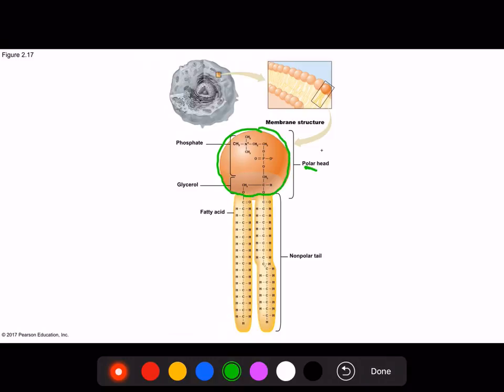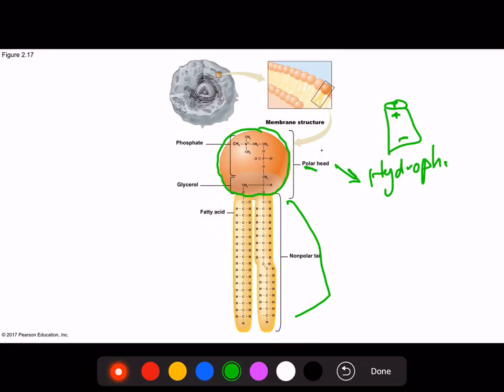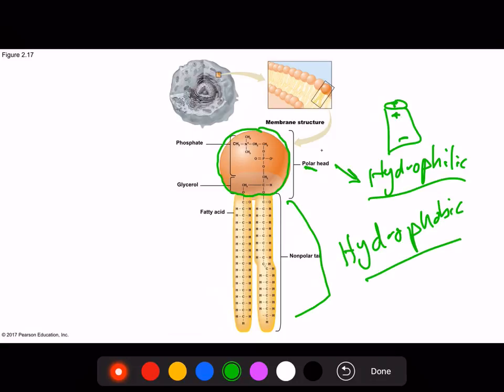Remember, polar means it has two poles like the battery, one positive and one negative. And they have a non-polar tail. So the polar head would be hydrophilic. The non-polar tail will be hydrophobic. It will stay away from water, whereas the head will meet water.